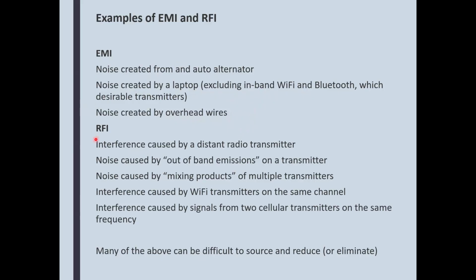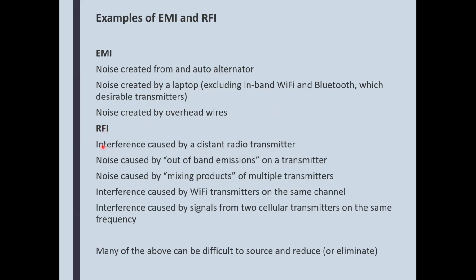Now, here's the RFI: interference caused by a distant radio transmitter. So here is just general noise of the electronics working or the electricity working, and here is intentional radio frequency transmission that interferes with some other transmission.